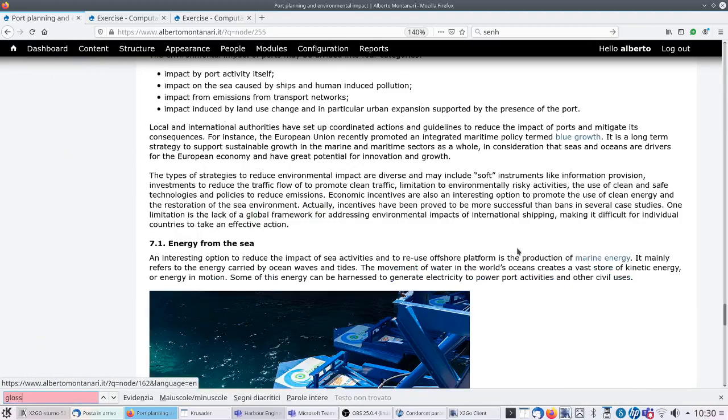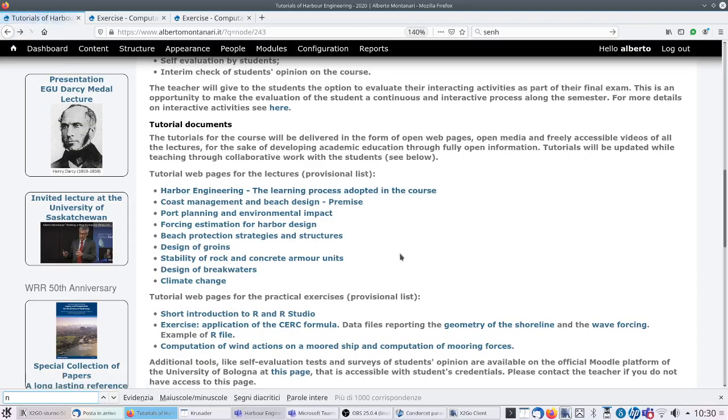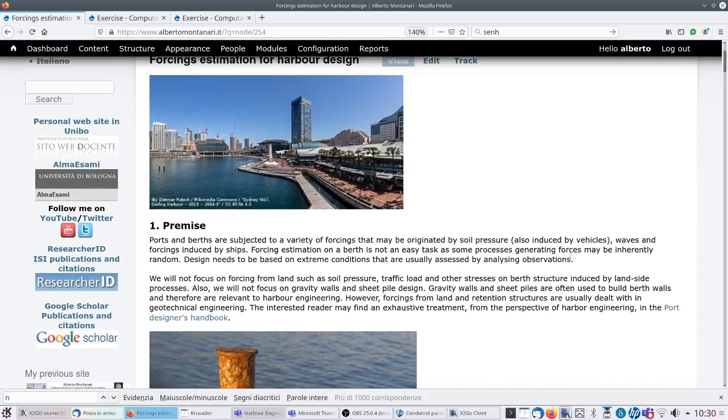I need to find it. Be patient a little bit. No, it's not here. So let me just check here again. Forcing estimation for Harbour design.